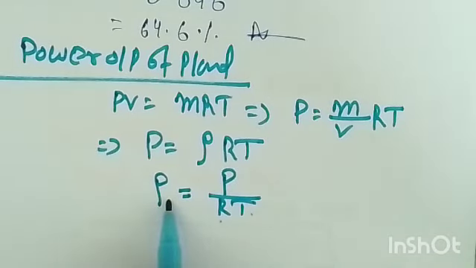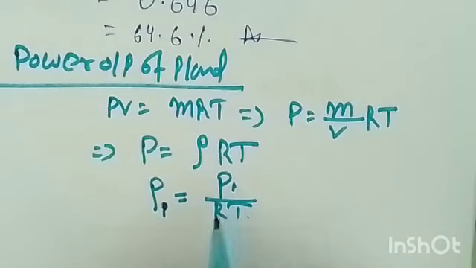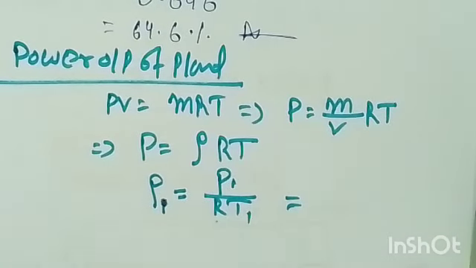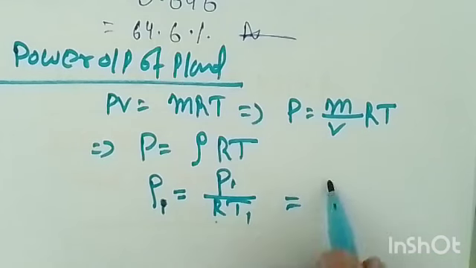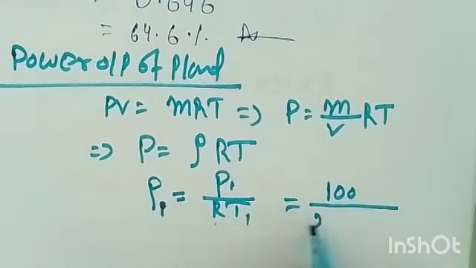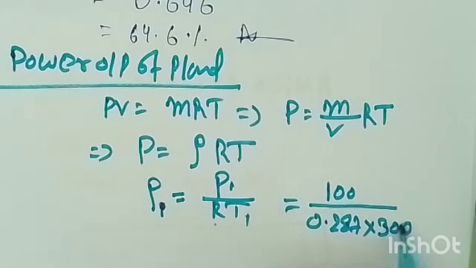So let's say the density of the air at the entrance, rho 1 is equal to P1 by RT1, right? P1 you have been given, the pressure entering the compressor at 100 kPa, R is 0.287 kJ per kg K and the temperature is 300 Kelvin.